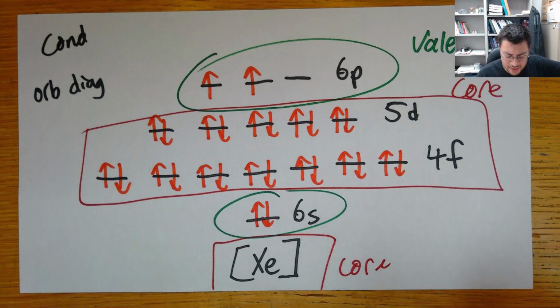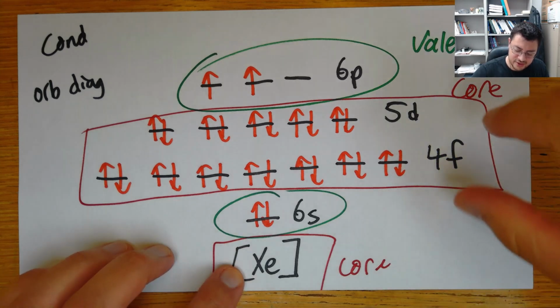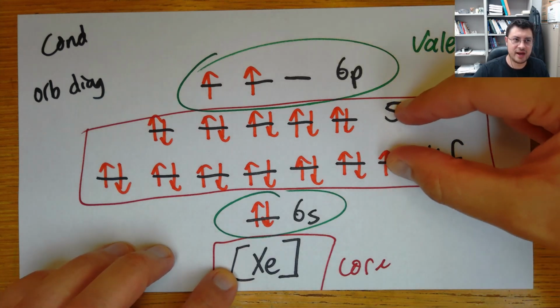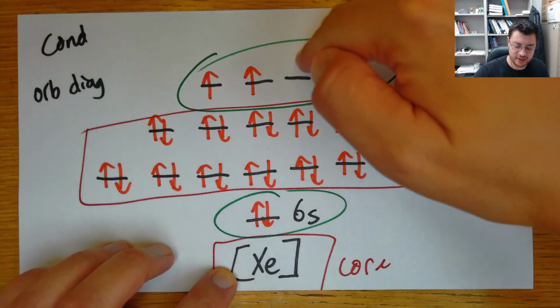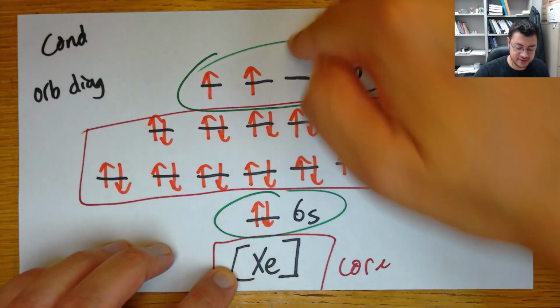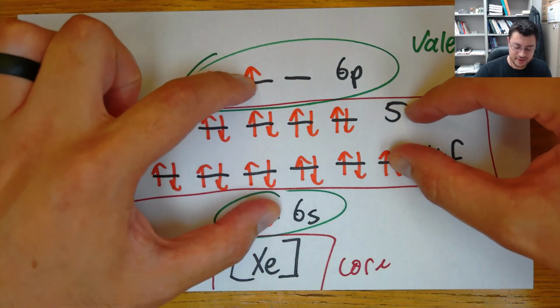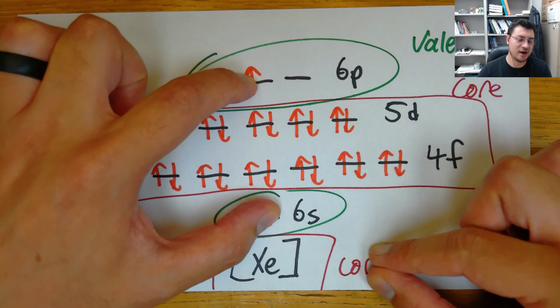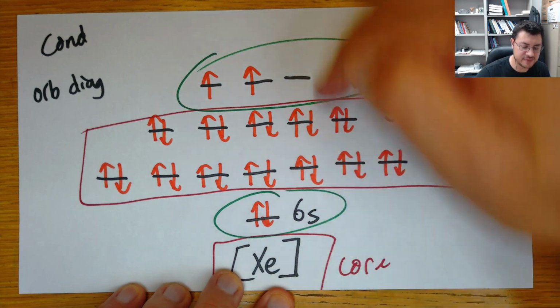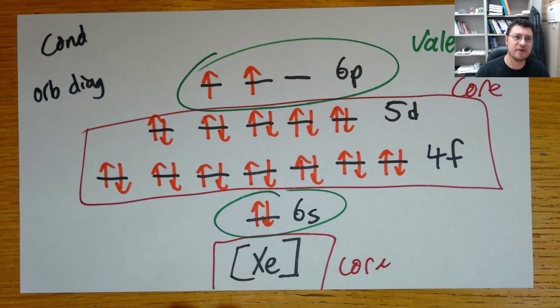Closing thought, I've had a student ask me a few times over the years, if these are actually closer to the nucleus, then how come they are in between the two valence distances? And the answer is, in reality, they should be lower, and they are. But we like to write our diagrams this way because it shows the order of filling. Similar phenomenon when f orbitals are involved, like I said in the beginning.